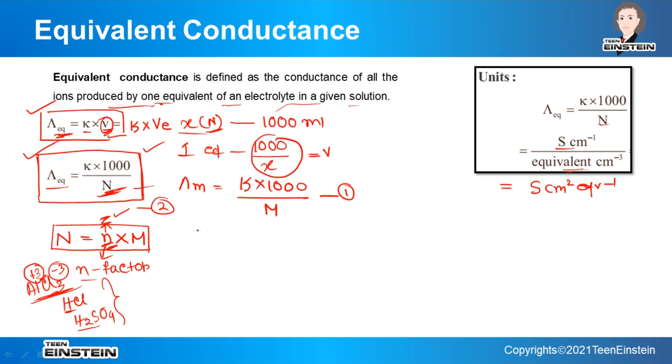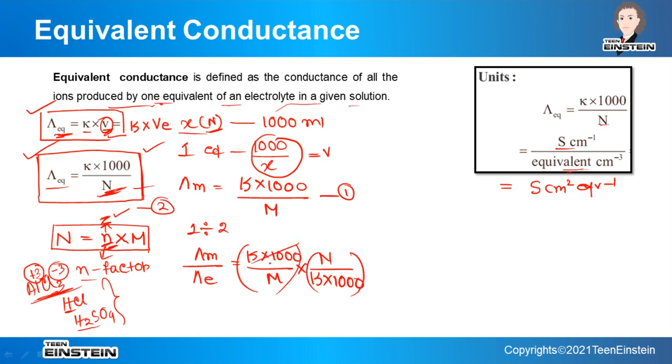So now what we will do is equation 1 divided by equation 2. So it will be lambda m over lambda e, equal to 1000 kappa by M, divided by kappa into 1000 by N. So the 1000 and kappa will be cancelled.